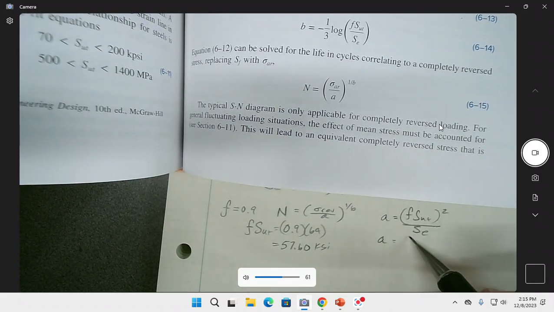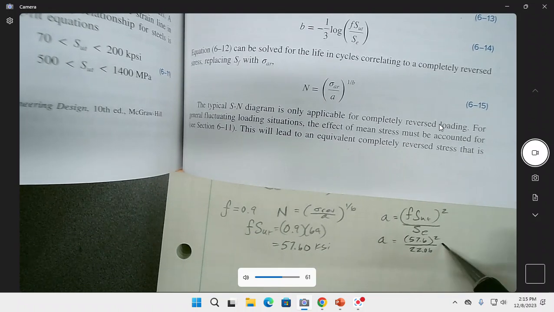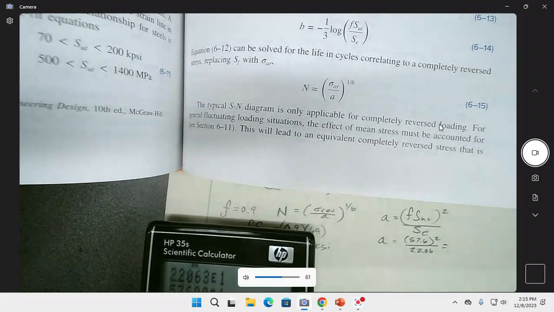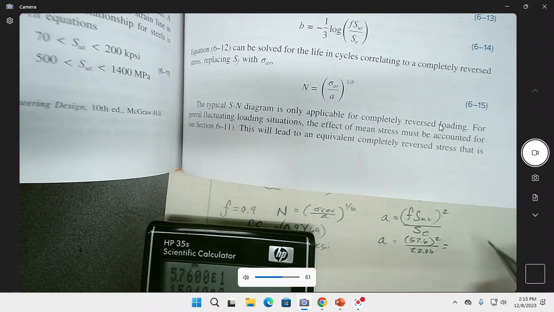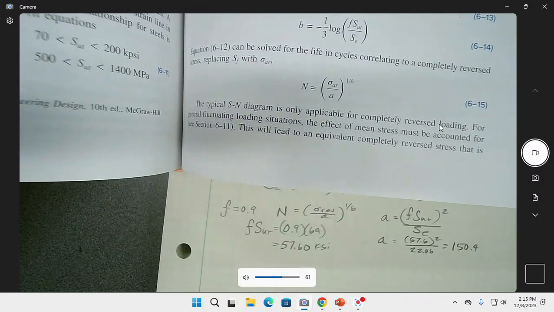So we will say that's 57.6 squared divided by 22.06, so it's 150.4. And that was still KSI, by the way, if you were to care.